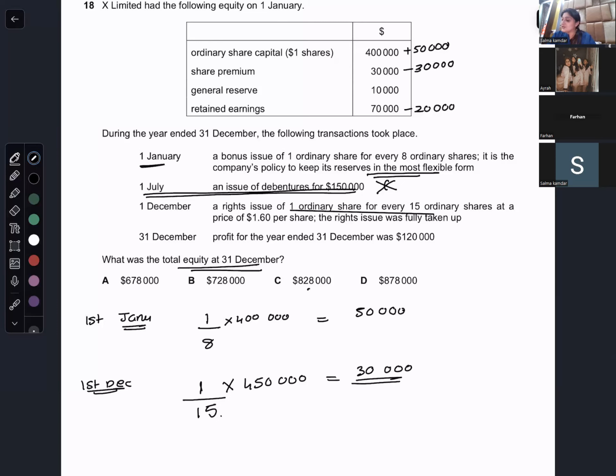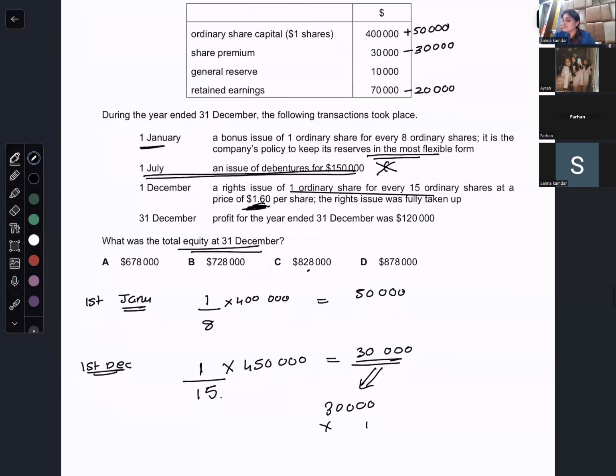It was issued at how much? Issued at 1.60. So 30,000 into 1 will be what? In share capital, share capital will increase. And 30,000 into 0.60 will give us the share premium.